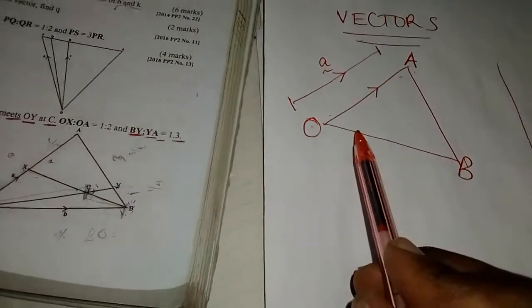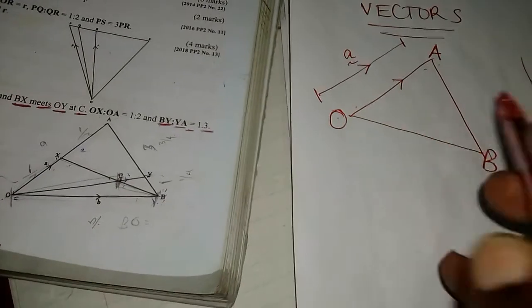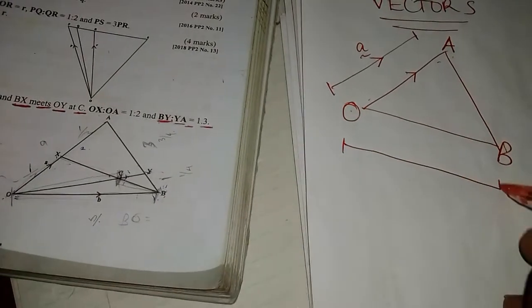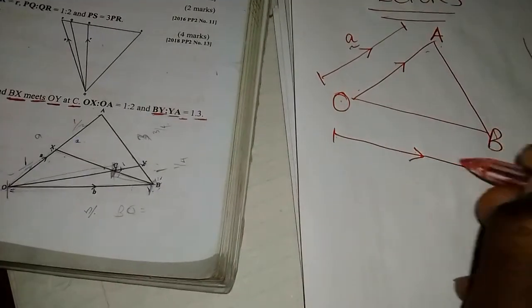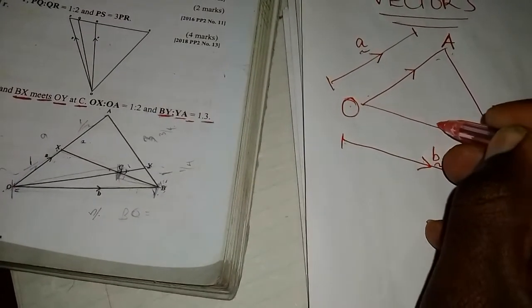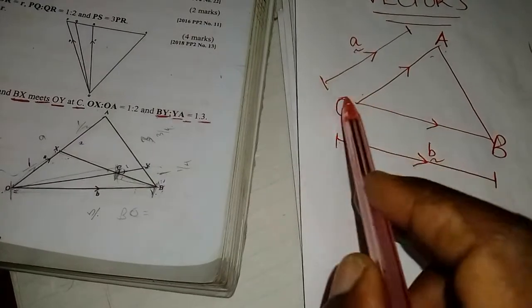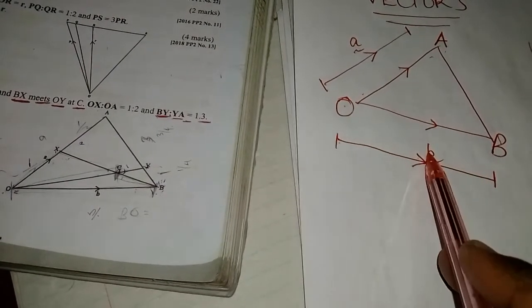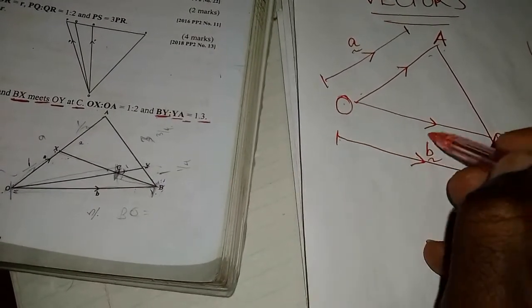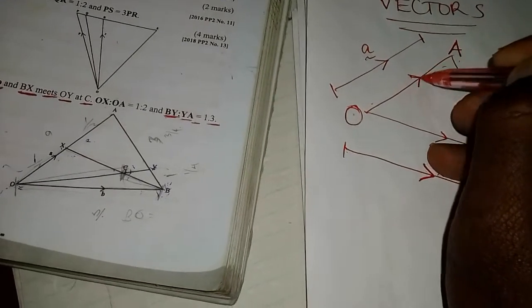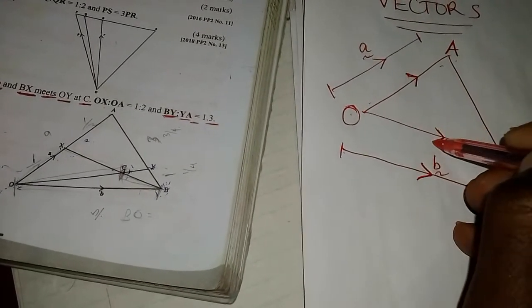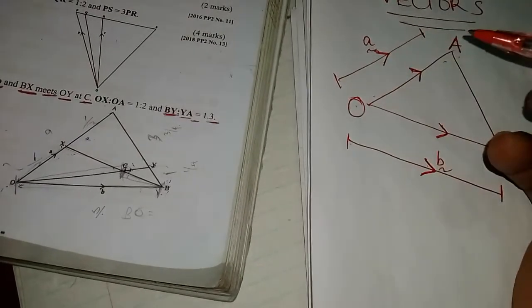Then vector OB, this one here, I have to use an arrow. So vector OB is B. Again, I have to indicate using that arrow. So OB is B in that direction. Vectors have to take directions very seriously. With vectors, directions have to be taken so seriously. Good. So that is what you have here.